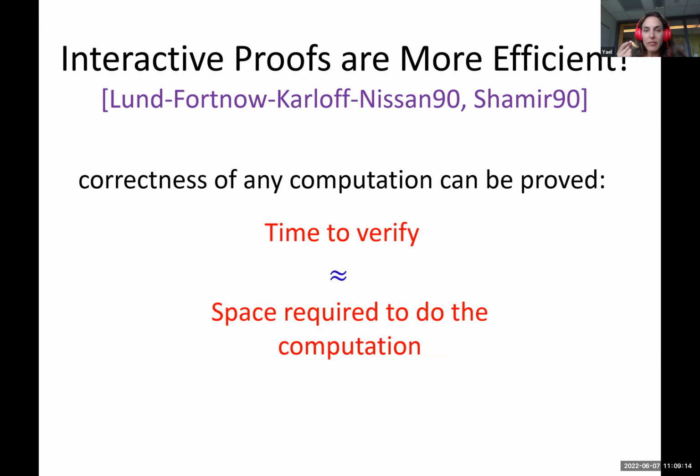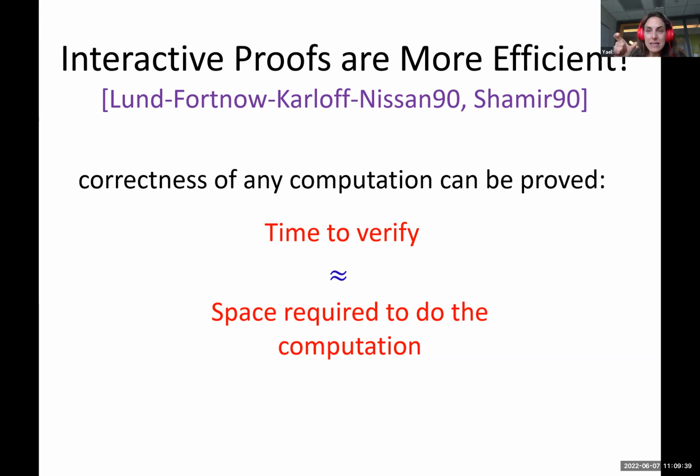Actually, more specifically, what is known is that the correctness of any deterministic computation, I can prove to you, where the time it will take you to verify is proportional to the space that is required in order to do the computation.